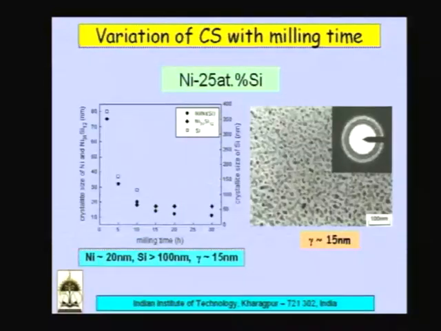If you start with nickel and silicon, let us say, a nickel powder and a silicon powder, putting them together and doing ball milling, then when you bring the crystal size of nickel to around 20 nanometers, that is the time when suddenly there is a reaction between the nickel and silicon and the intermetallic compound comes out.